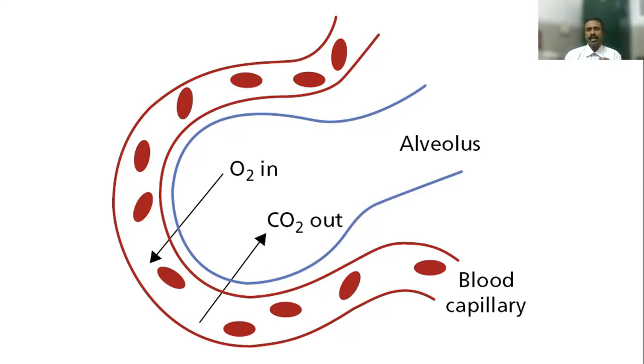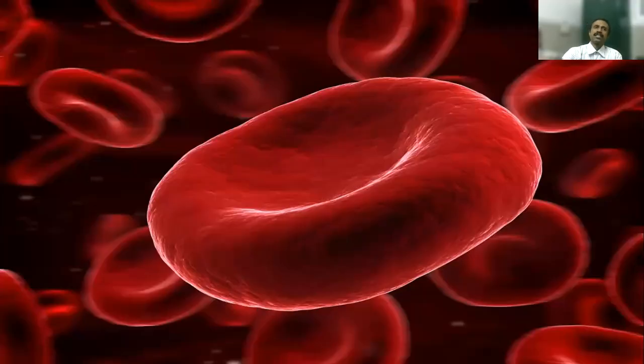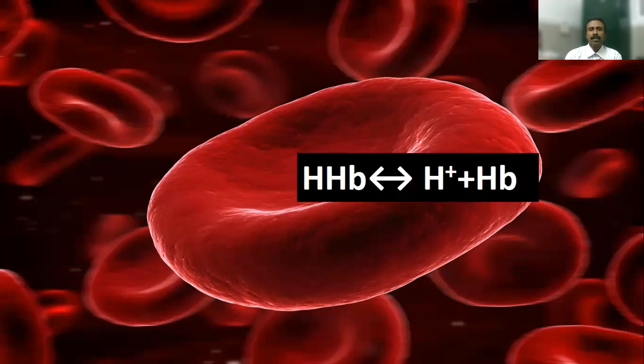So once the dissolved carbon dioxide moves into the alveolus, the concentration reduces, and hence whatever reactions we saw in the red blood cell at the tissue level, the reverse starts happening within the red blood cell. So what happens there?